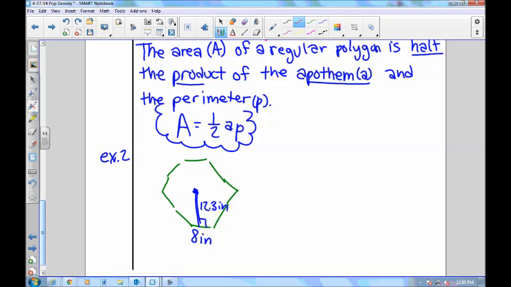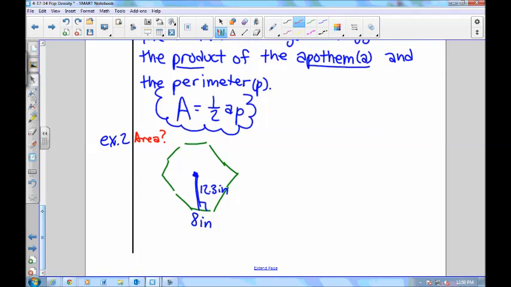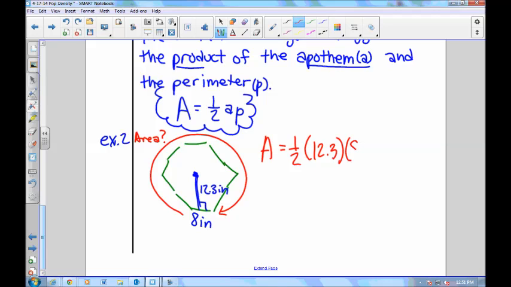So we can find the area, which is the question, by doing a half times the apothem times the perimeter. Since we know it is a regular polygon, and it has 10 sides, what is the perimeter? 80. 8 times 10 gave me 80. So the area is 1/2 the apothem times 80.